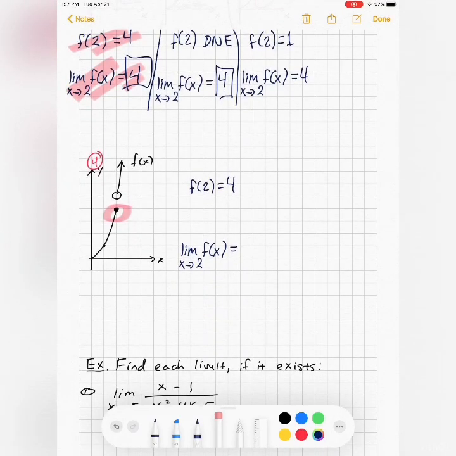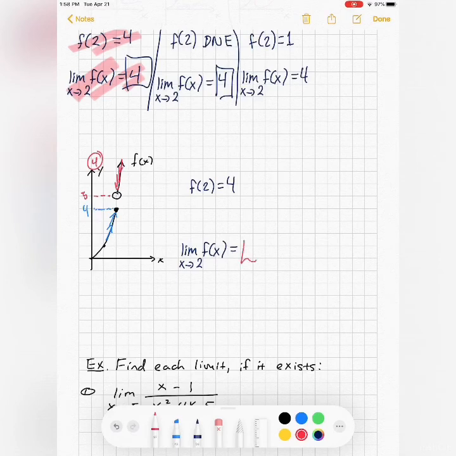So let's look at number 4. We already evaluated f of 2. Then the question is, well, what about the limit? As we're coming in from the left side, the values of y are getting close to, looks like, 4. But as we're coming in from the right side, the values are getting close to 5.